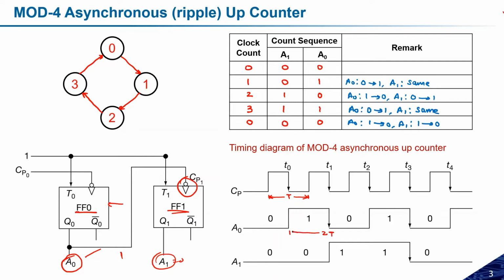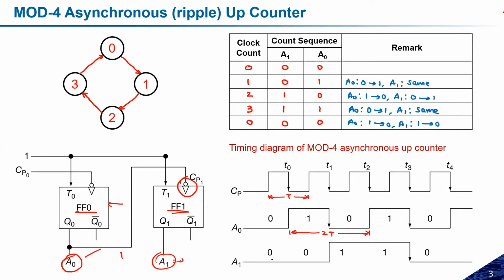That is why, as I already told you, the flip-flop is nothing but a frequency divider circuit. The frequency is divided by 2. If I pass any clock signal through any flip-flop, the output frequency will be divided by 2.